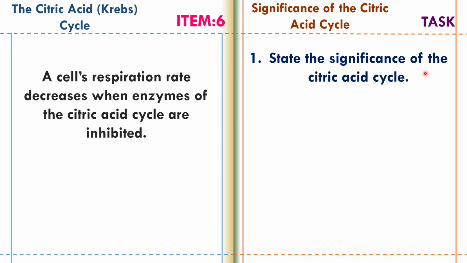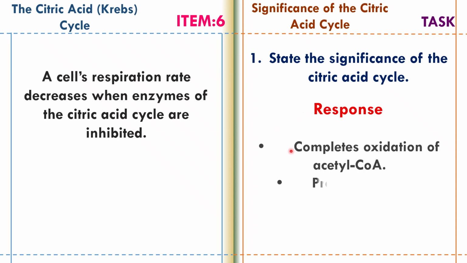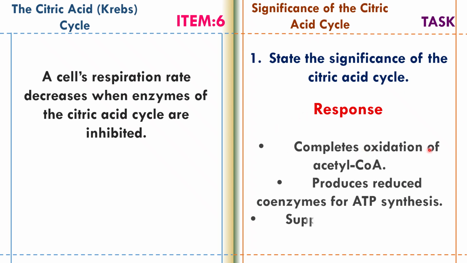State the significance of the citric acid cycle. Completes oxidation of acetyl-CoA. Produces reduced coenzymes for ATP synthesis. Supplies intermediates for biosynthesis.